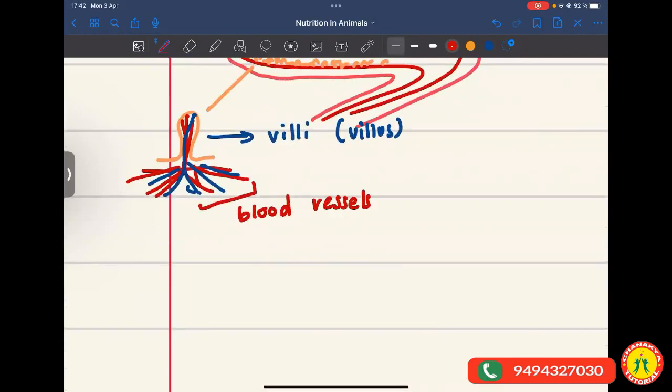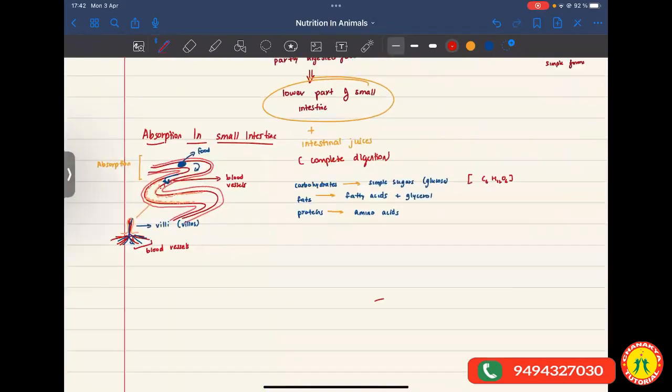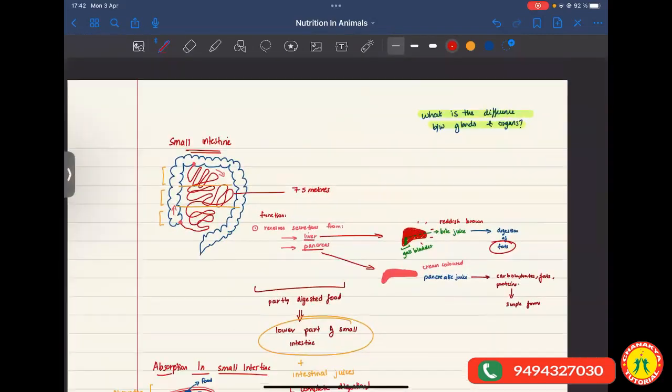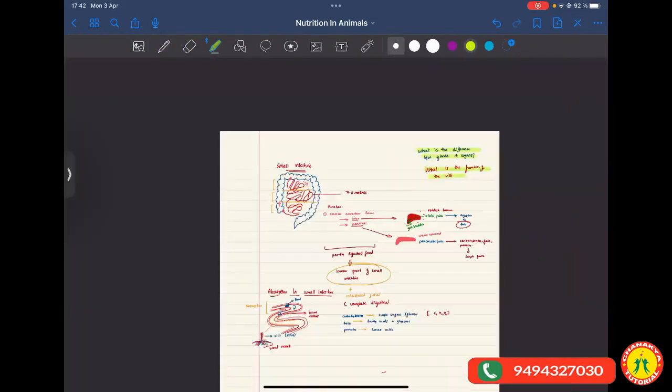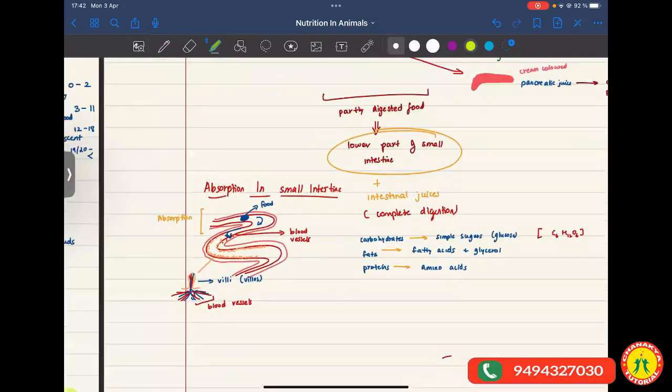So I want you to find the function of the villi. Copy this so far now.